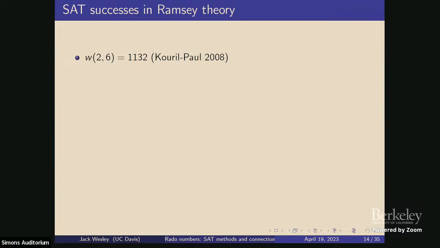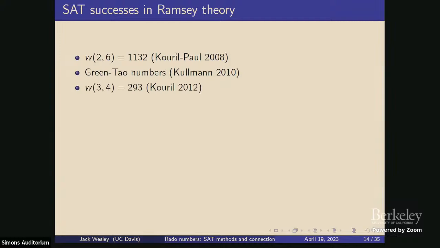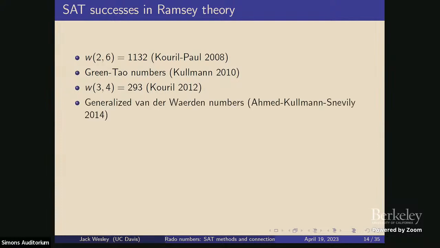Some of the first was this van der Waerden number, W26. And from there, there's a lot of study of other various generalizations of van der Waerden numbers. Green-Tao numbers has to do with arithmetic progressions over the primes. And then there's another exact value for this van der Waerden number, and many other various generalizations of this.